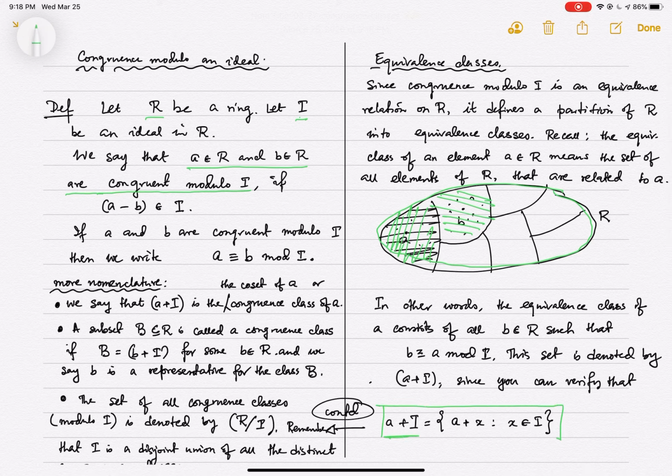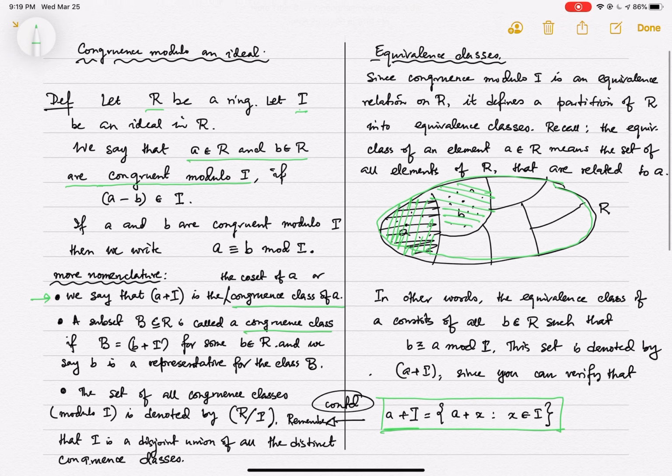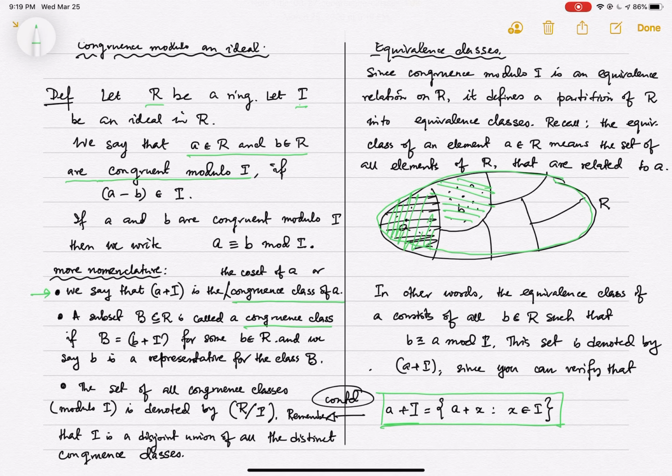And it consists of all things that look like A plus an element of the ideal I. And we say that A plus I is the congruence class of A. A subset of the ring is called a congruence class, not of something, just a congruence class, if it's a congruence class of some element. So if it has the form B plus I for some B. And the set of all congruence classes finally is denoted by R mod I. So that's the collection of all the new words we have.